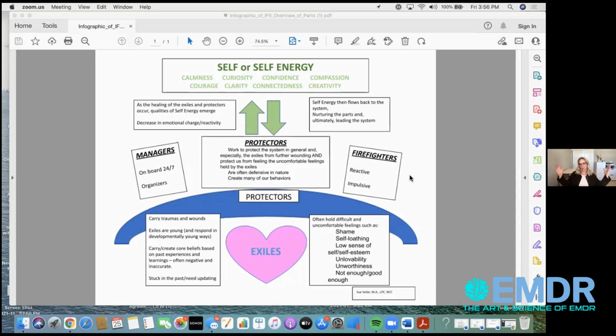If our extremes were here, they often become less wide, that gap. And as we do that, what happens then is more and more emerging of qualities of self-energy, and we will feel different in our body. And Karby's going to take this and share about self-energy.